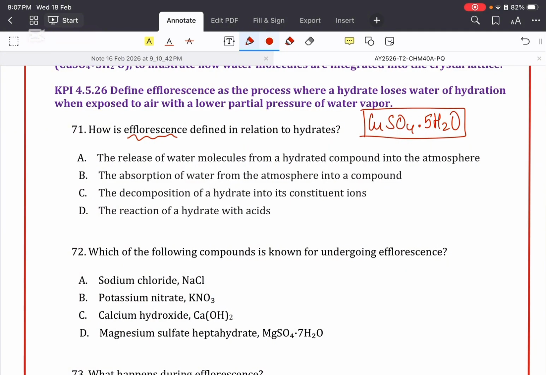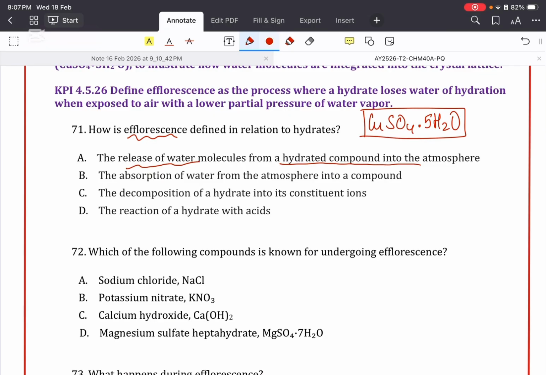At this point, it reduces in mass, changes color, and becomes something called anhydrous. So efflorescence is the release of water molecules from a hydrated compound.